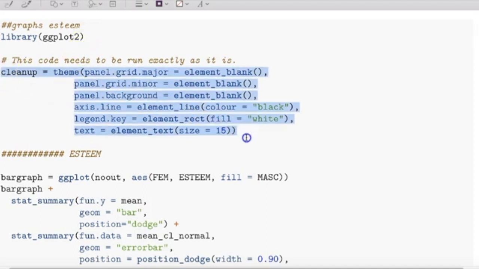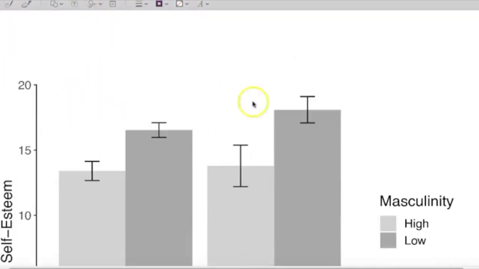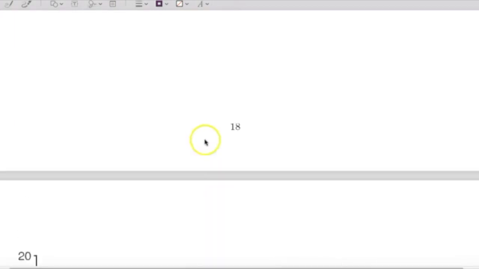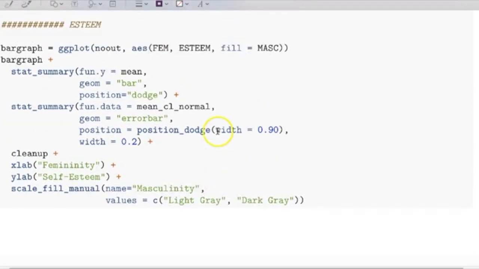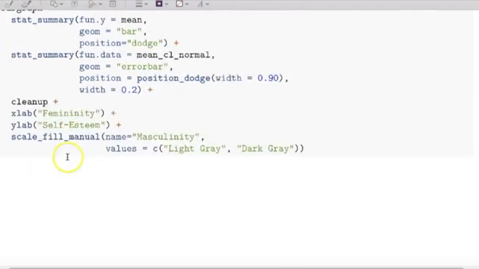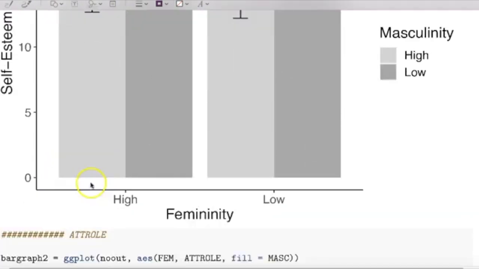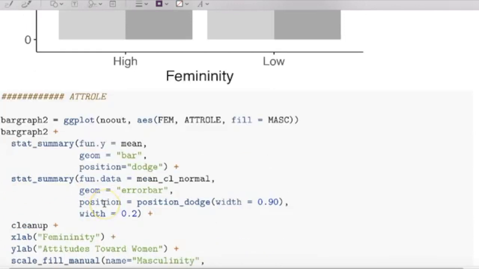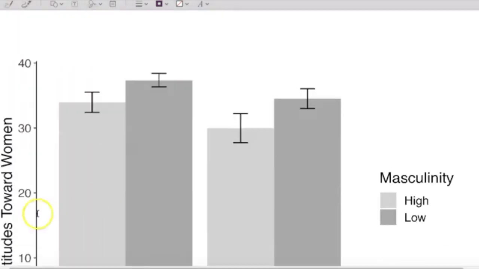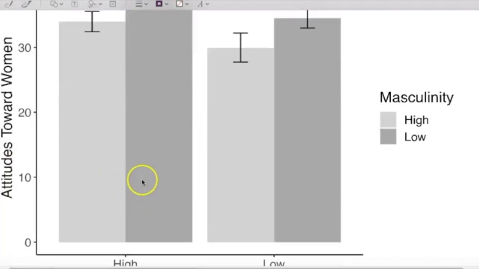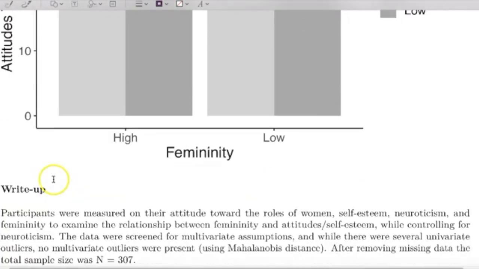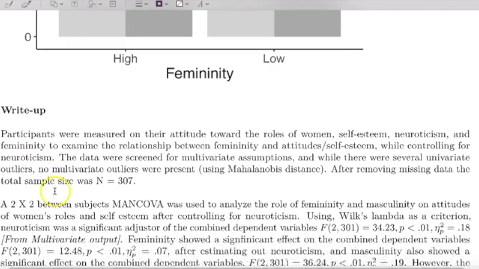This whole code is just so there's a blank space behind the graph, and then the follow-up code is just telling it where to get the means and from what variables, and to create the bar chart. So I did one for self-esteem, and then I gave you the other code for the attitudes towards women's role.